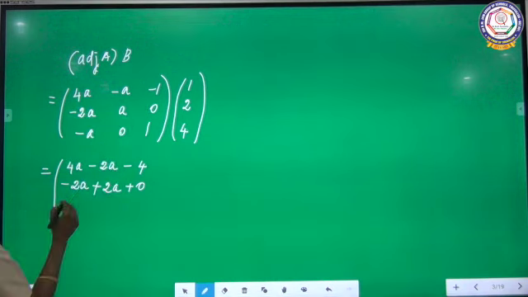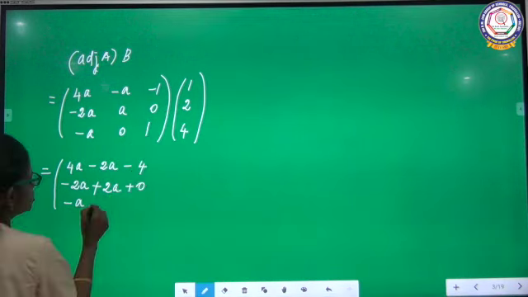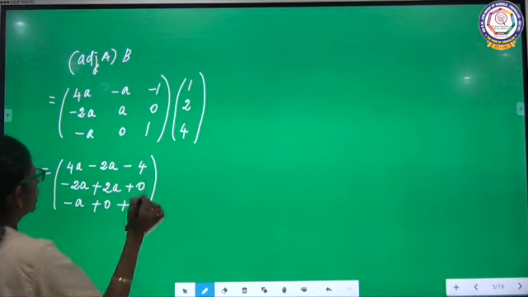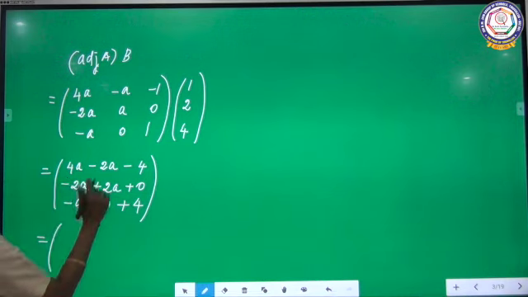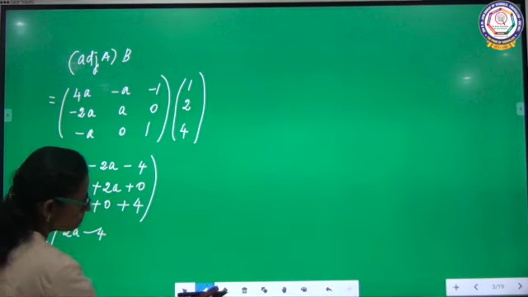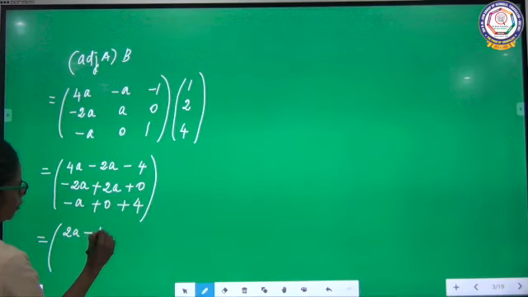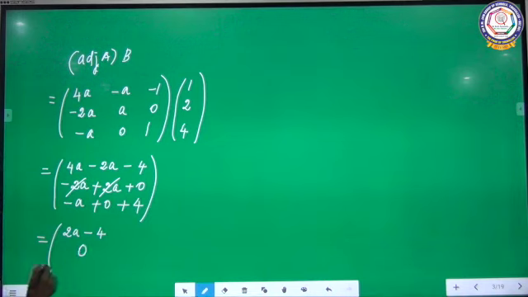Next, minus A plus 0 plus 4. Adjoint of A into B, which is equal to 2A minus 4. Here it is cancel. So what you will get? 0, minus A plus 4.